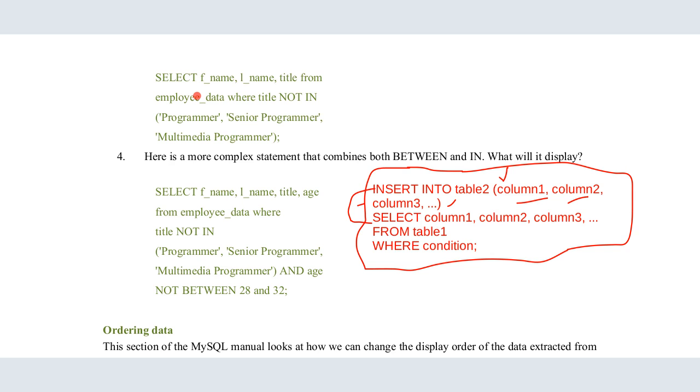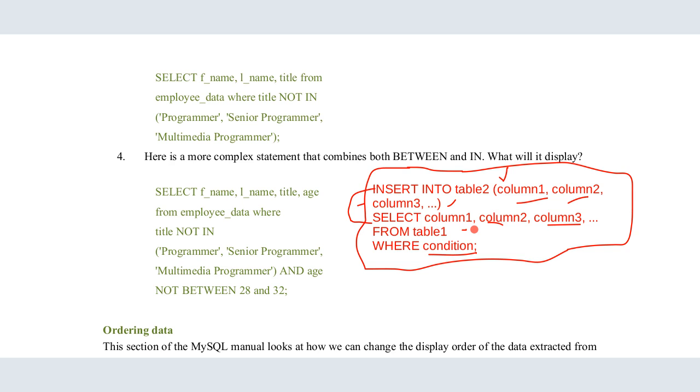Now the condition here will only be directing what you want to pick from table 1. Maybe you want to pick people's names, for instance, whose phone number is specific to this, or whose salary scale is this, and then insert into the other table 2. So it's basically guiding what you want to pick from table 1.